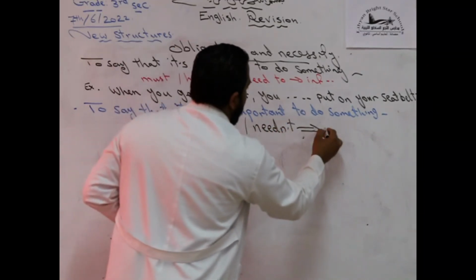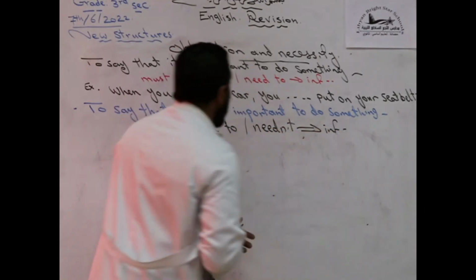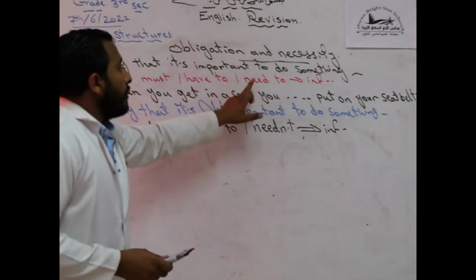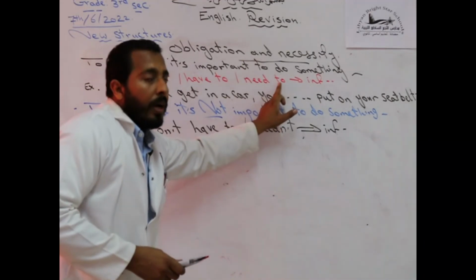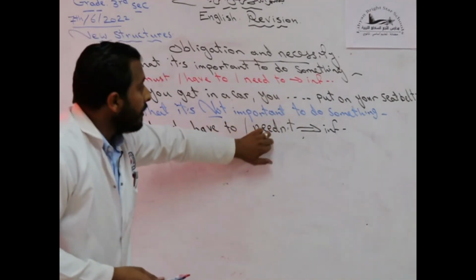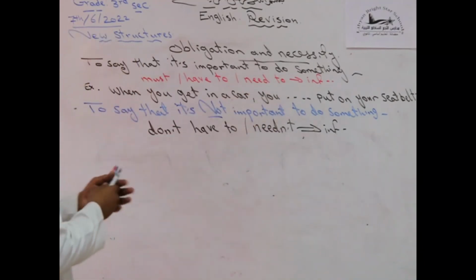They all must be followed by the verb in the infinitive form. But be careful using these words. When it's important to do, we use need to. But when we say it's not important, we use needn't without to. Needn't or don't have to.